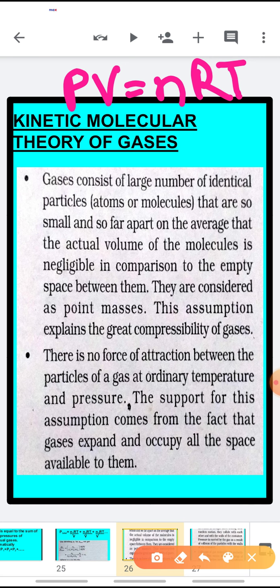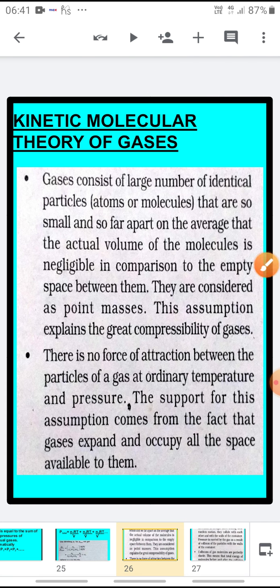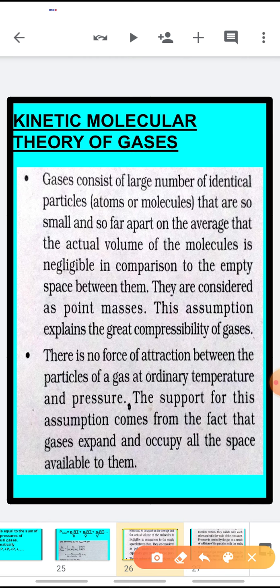Now, the kinetic molecular theory of gases is actually explaining the behavior of gases, that is how gases should behave in order to obey all the four laws and obey the equation PV equals nRT. So, I am starting with the kinetic molecular theory of gases now.